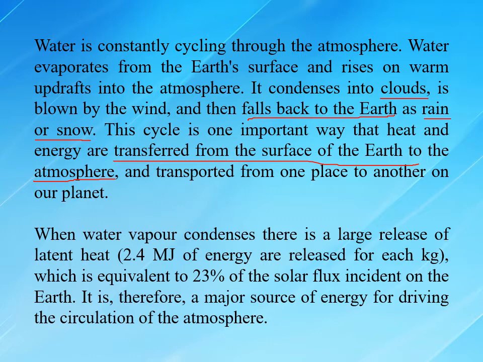So what was previously in the surface of the earth, that will be taken as latent heat by the water vapor, and this latent heat is again released in the atmosphere when they are condensed and fall on the earth's surface as rain or snow. And that release of latent heat is about 23% of the solar flux incident on the earth.